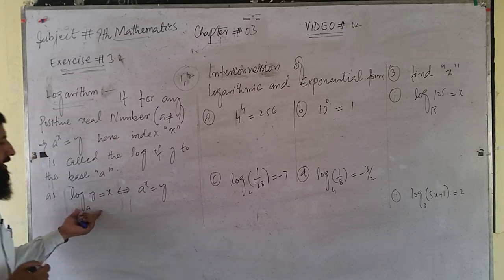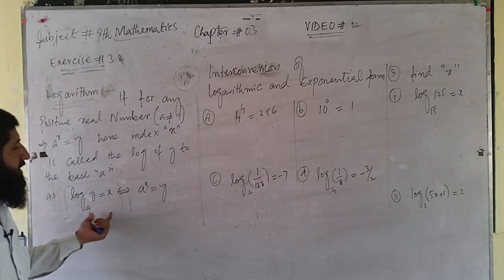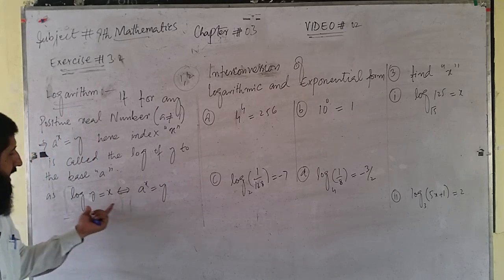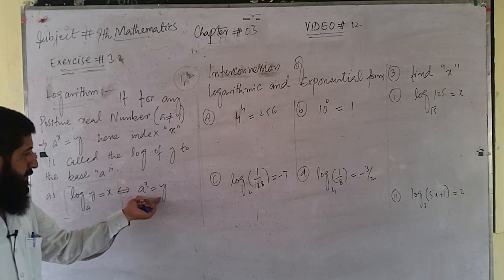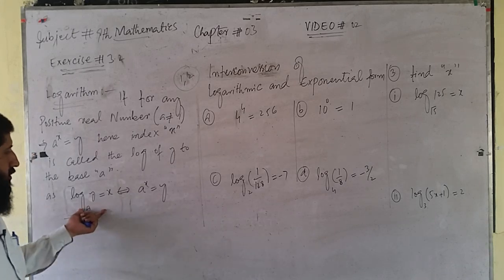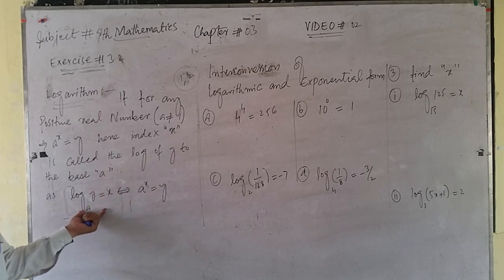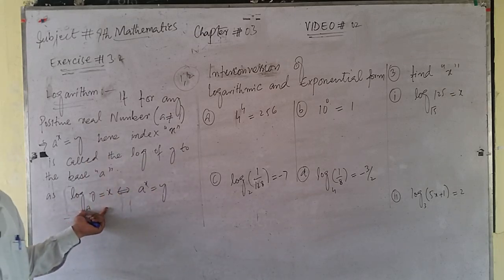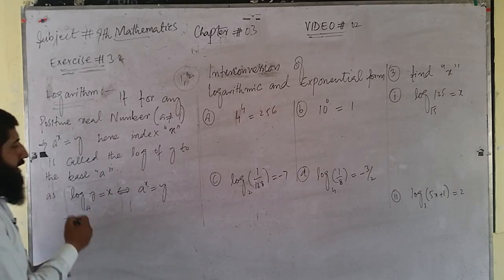So it's the same relation, but the expression is different. It's basically the expression of the same relation in different forms. We can write a power x equals y, and in logarithmic form, we can write it as log of y to the base a equals x. Both are equal to each other.